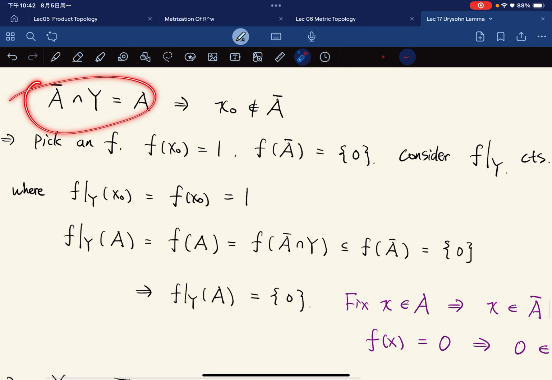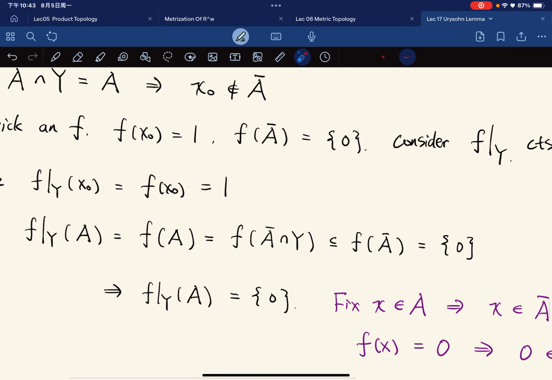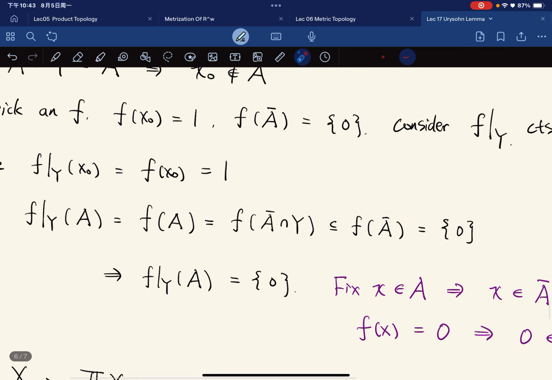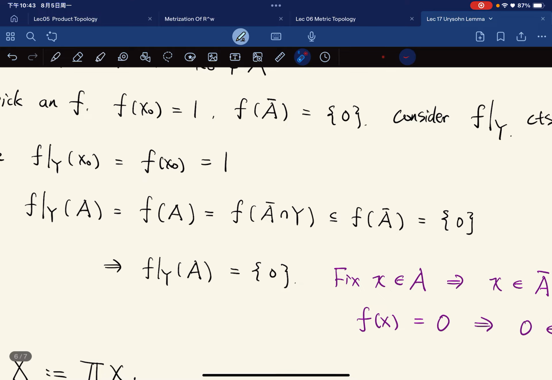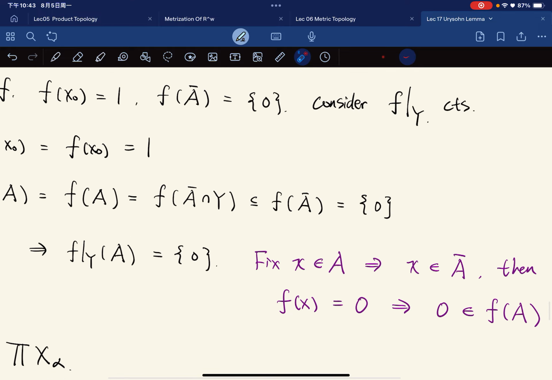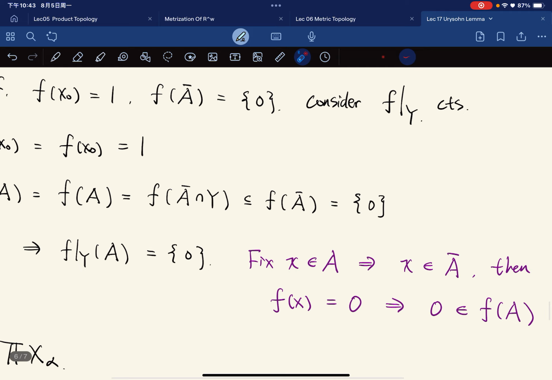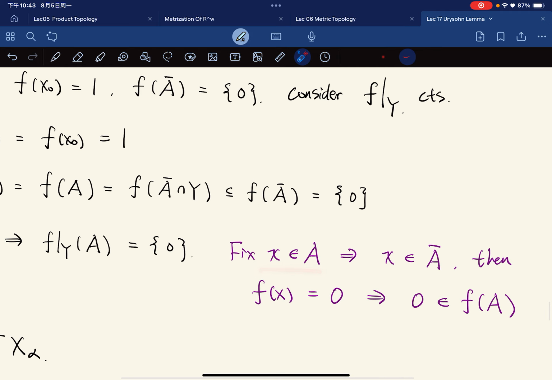And from this equality, we have this equality, which is also obvious. And this is equal to 0, right? And this also in fact shows that this is equal to 0, because we can fix an element in A, and then you're in A bar.